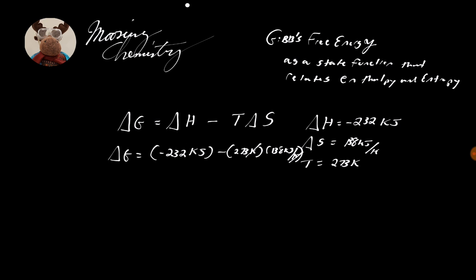So when we do the math, we get delta G equals negative 232 kilojoules minus 37.67 kilojoules, and our delta G is going to equal negative 194.3 kilojoules.